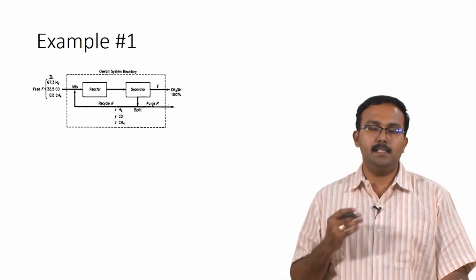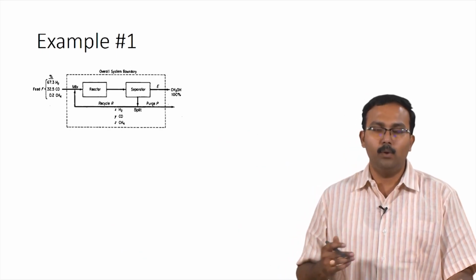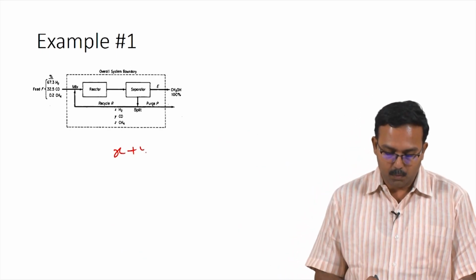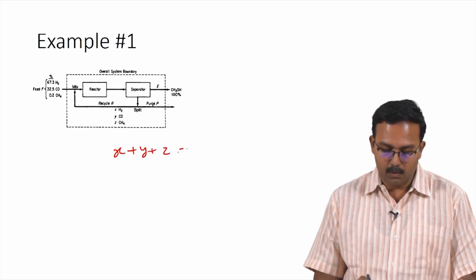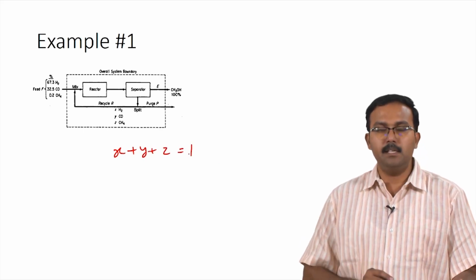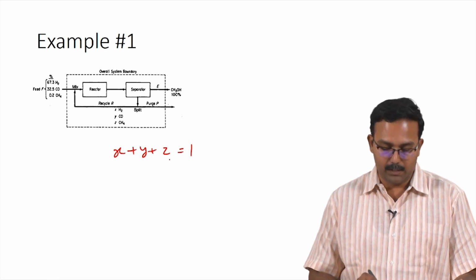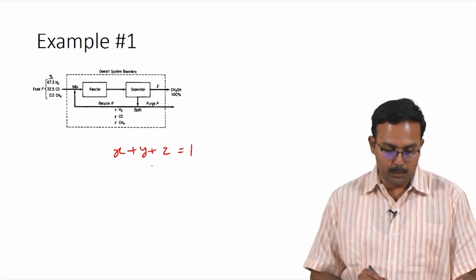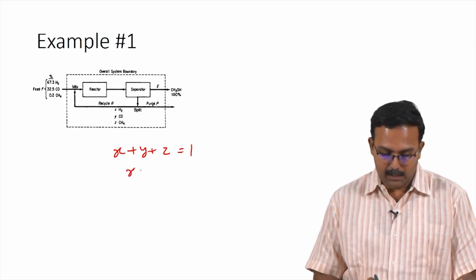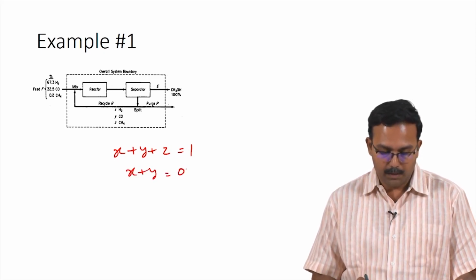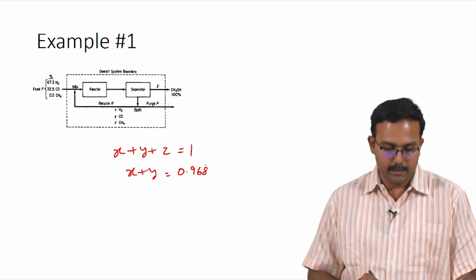As X, Y and Z are the mole fractions, we know that X plus Y plus Z would be equal to 1. Now, using this equation, we have 3 equations and 3 unknowns. We can substitute the value for Z, which is 0.032, and we will get X plus Y equal to 0.968.